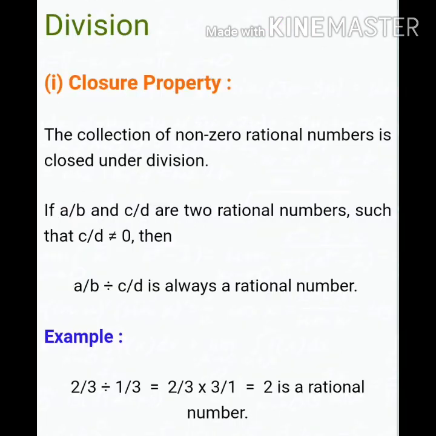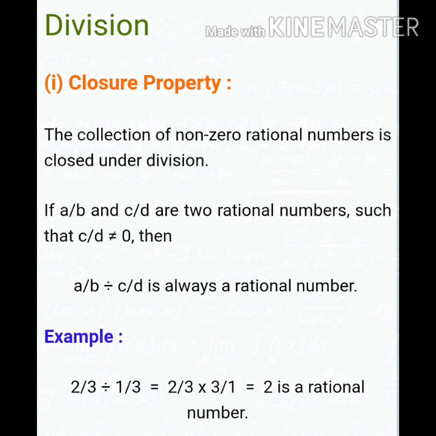Now we will discuss the properties of division. If a over b and c over d are two rational numbers such that c over d is not equal to 0, then a over b divided by c over d is always a rational number. Now let's see the example. 2 over 3 divided by 1 over 3 is equal to 2 over 3 multiplied by 3 over 1.